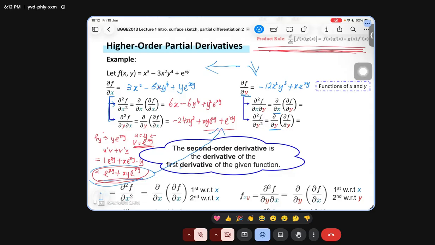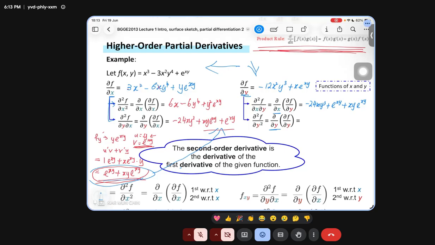You use the same method of the product rule to do the second derivative. You will be able to get negative 24xy cubed plus e^(xy) plus xy e^(xy).